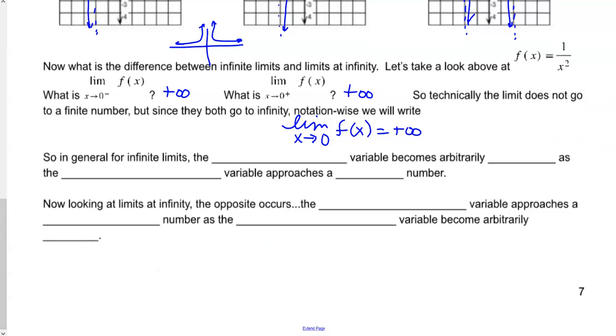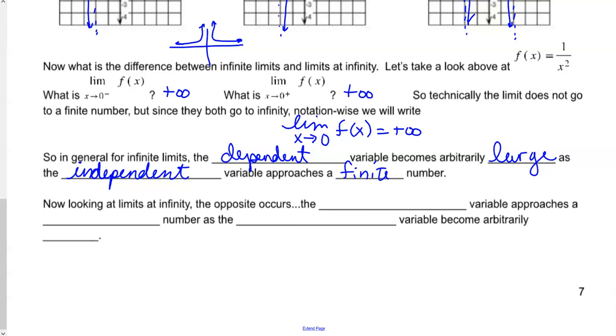Okay, so in general, for infinite limits, the dependent variable, the y value, becomes arbitrarily large as the independent variable approaches a finite number. So as we go to 0, we end up kicking out an infinity, okay?